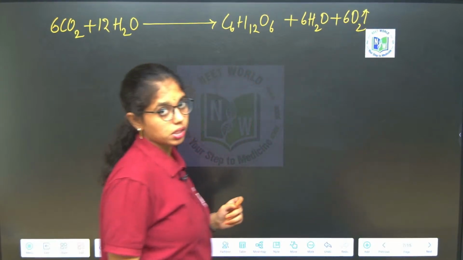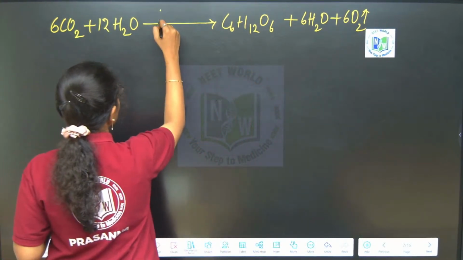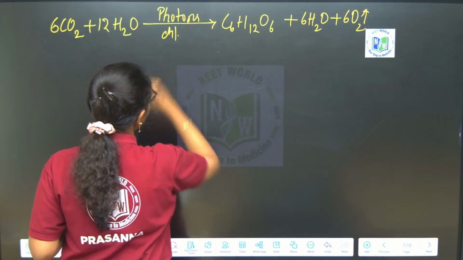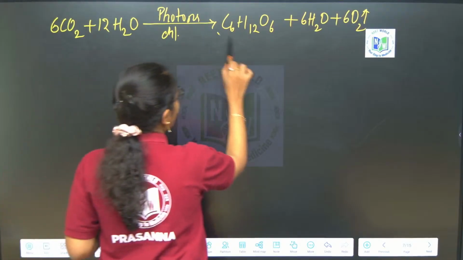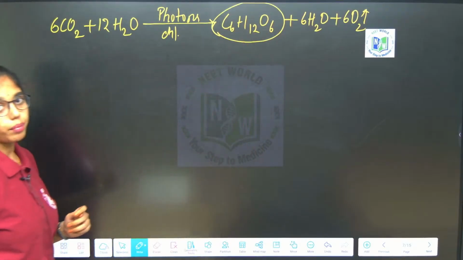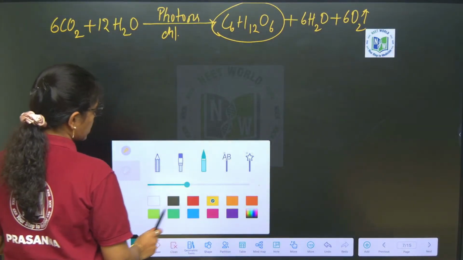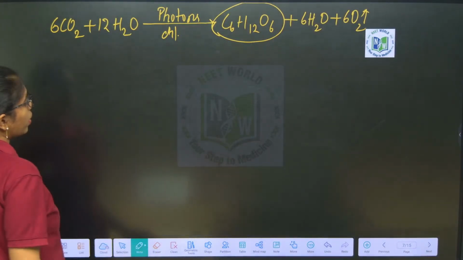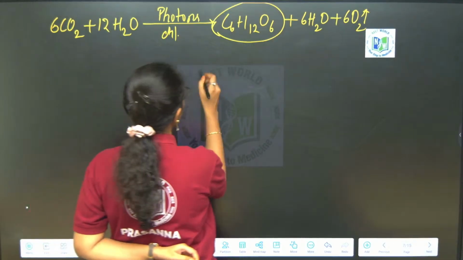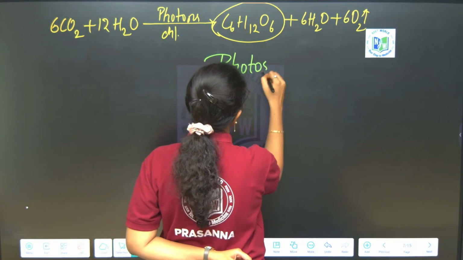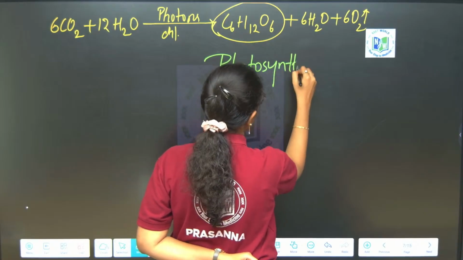This happens with sunlight in the form of photons and the chlorophyll pigment. So the ultimate goal is to form the primary product, glucose. Now, photosynthesis sequential reactions.